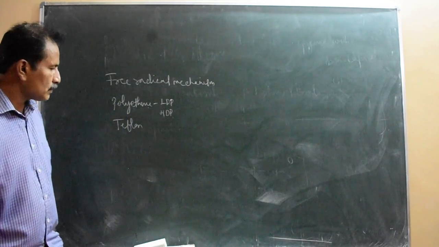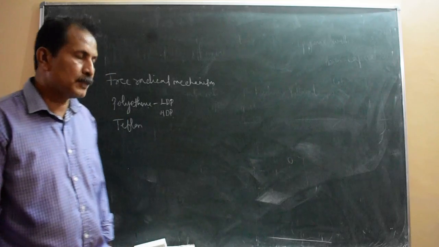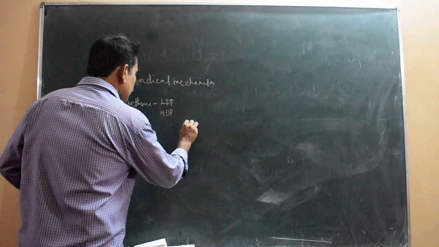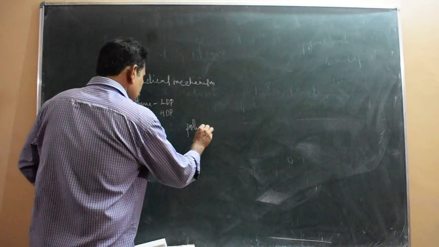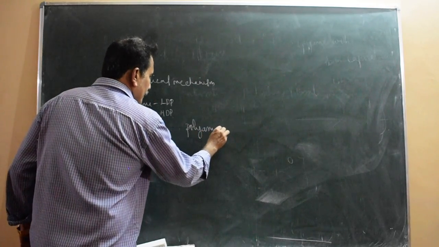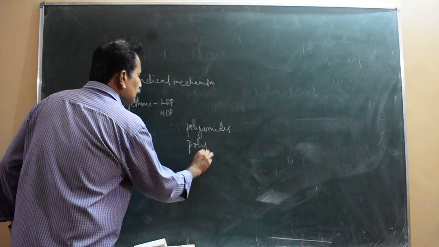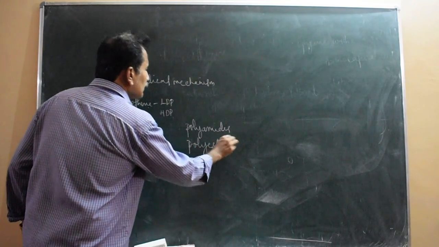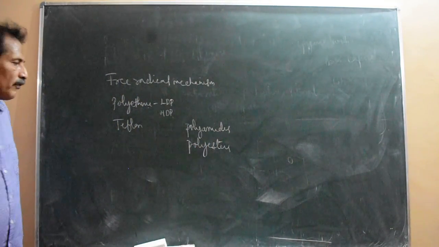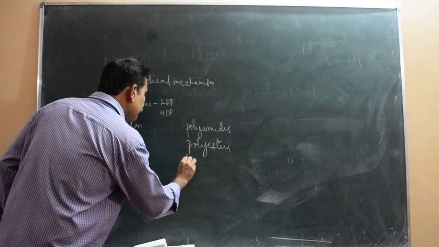Then in the next class we saw the condensation polymers, especially polyesters, polyamides. Then polyesters. Then we saw phenol formaldehyde.